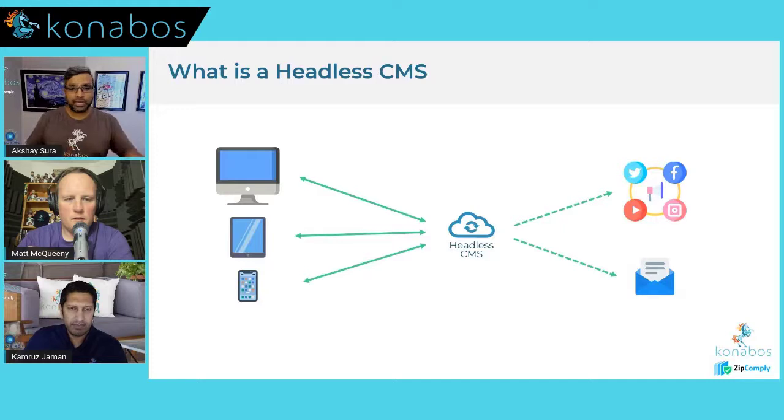You want to use React, you can use that. You want to use Next, you can use that. You want to use Gatsby, you can use it to pull that information out and showcase it whichever way you need, in a mobile app, on your Twitter feed, on your email campaign management. So its role has stayed the same, except with fewer restrictions. That's the way I look at a headless CMS.